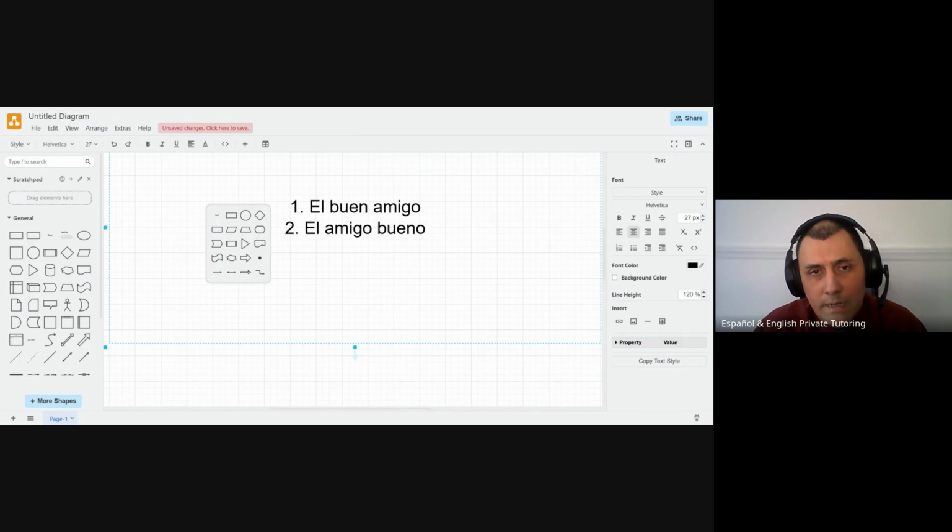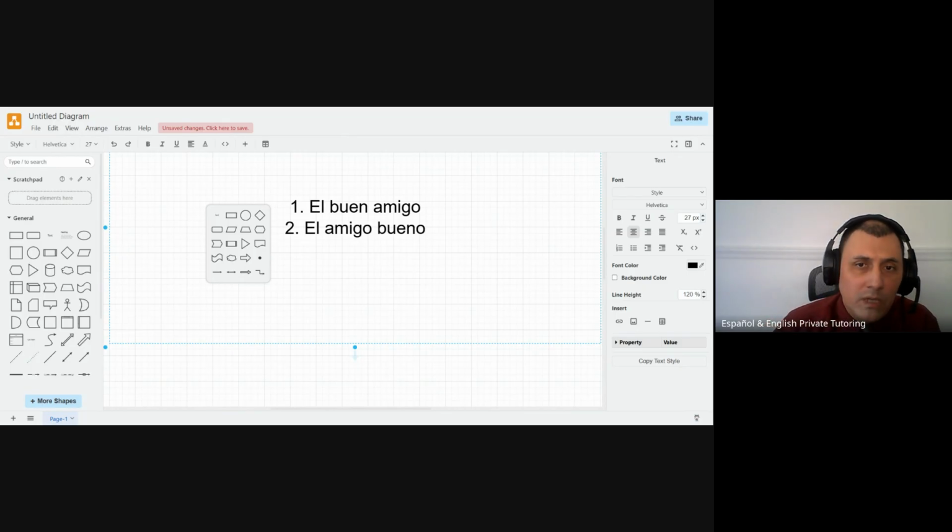But the second one doesn't mean the good friend. The second one means the friend that is good as a person. It doesn't mean necessarily that person is good as a friend, but is a good person. These two are not the same in Spanish.